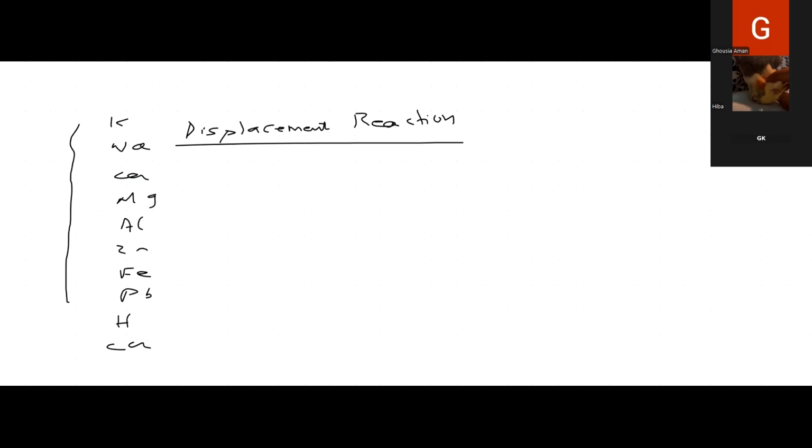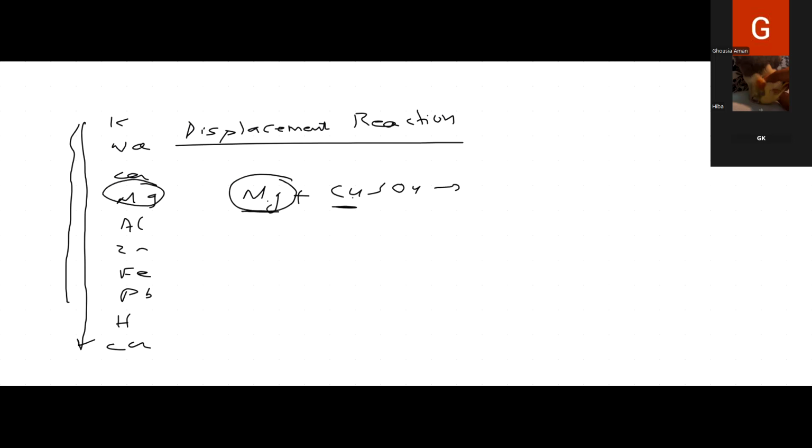So, for example, if I react magnesium with copper sulfate, you see these two metals. Magnesium is at a higher position and copper is at a lower position. So this highly reactive metal can easily push away the less reactive metal and form magnesium sulfate, and copper will be separated.